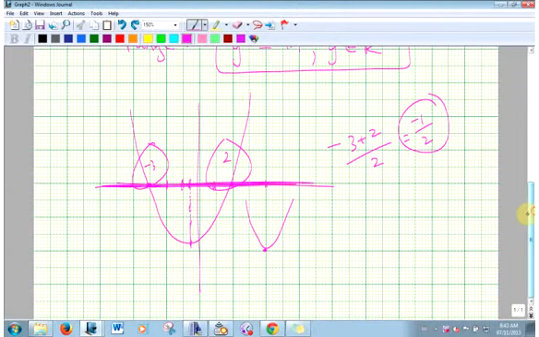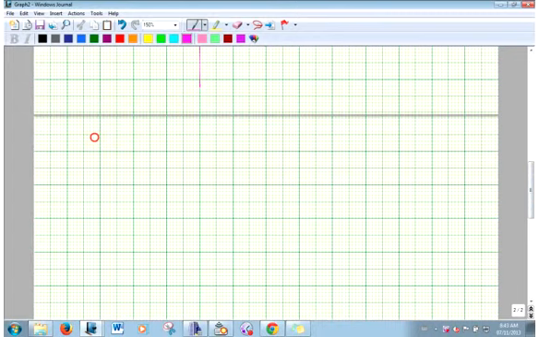All right. One example, because this is what your worksheet's going to look like. Graph that and determine vertex.